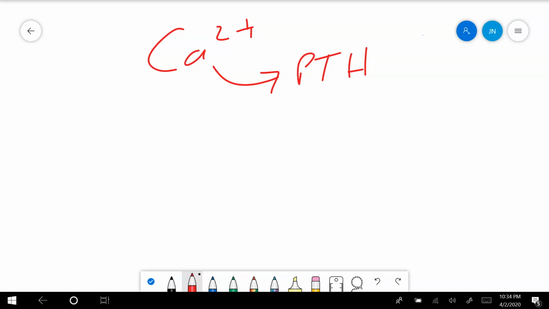All right, so there's a little bit more detail here in your Blackboard. What I'm trying to do at the moment is hit the big picture points of what we're really concerned with in terms of both fluid and electrolyte balance, and take a look at where this is going to be more clinically relevant.